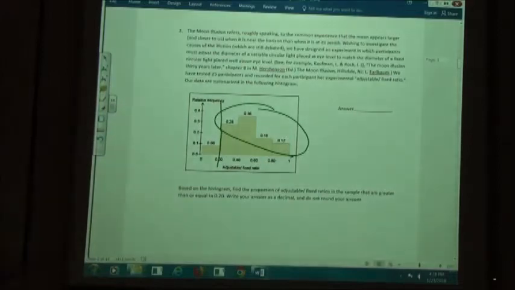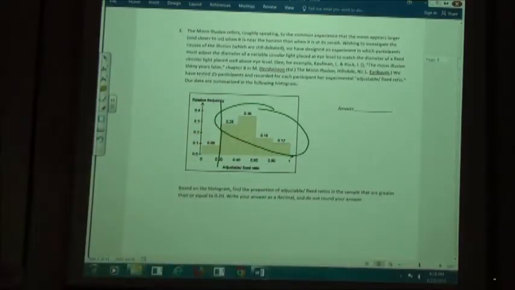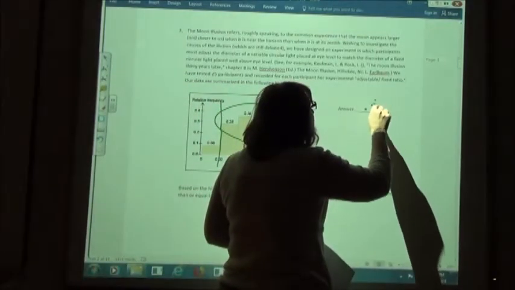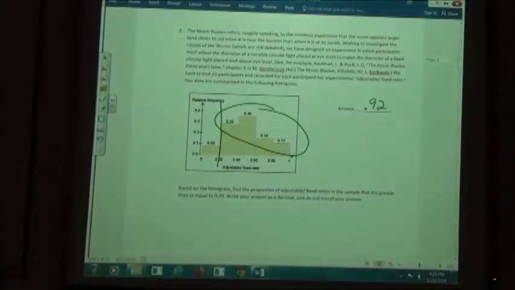If I take 1 and I subtract the 0.08, I should get the same answer as if I add all those together. So if I either add all those together or take 1 minus 0.08, I would get 0.92 again.